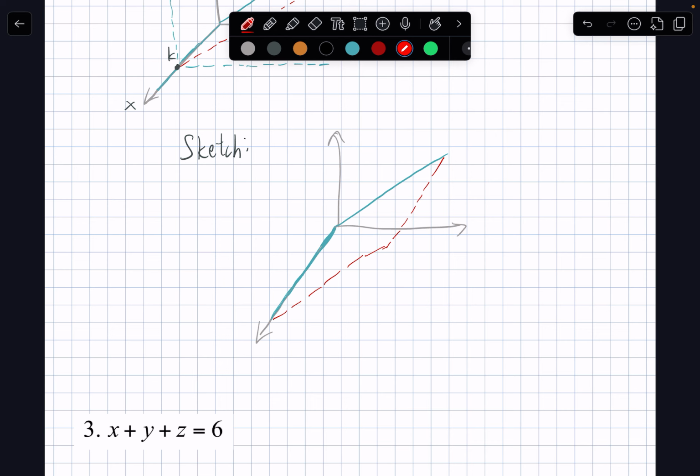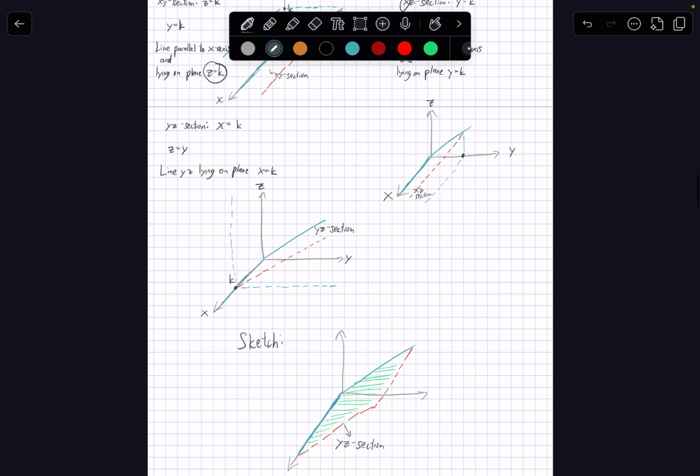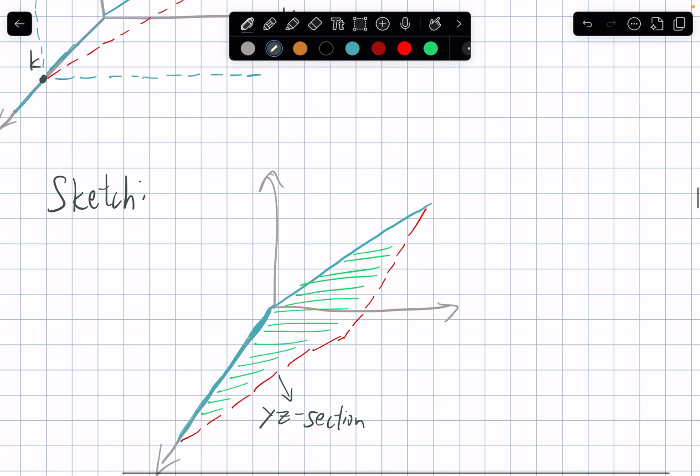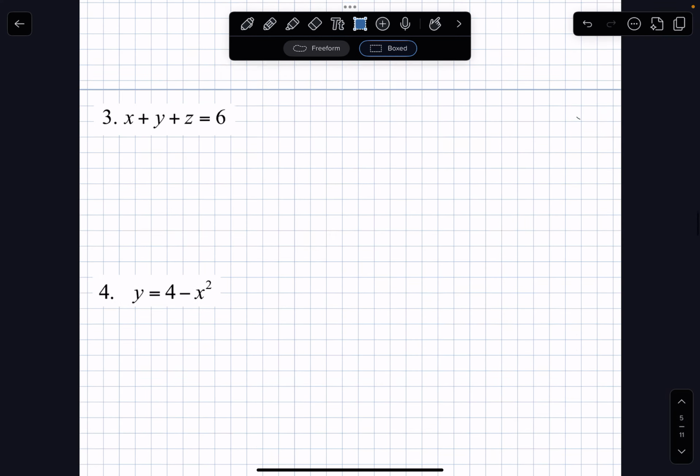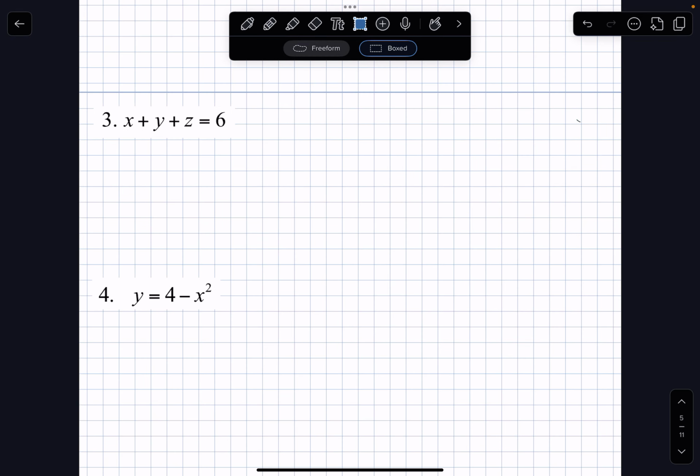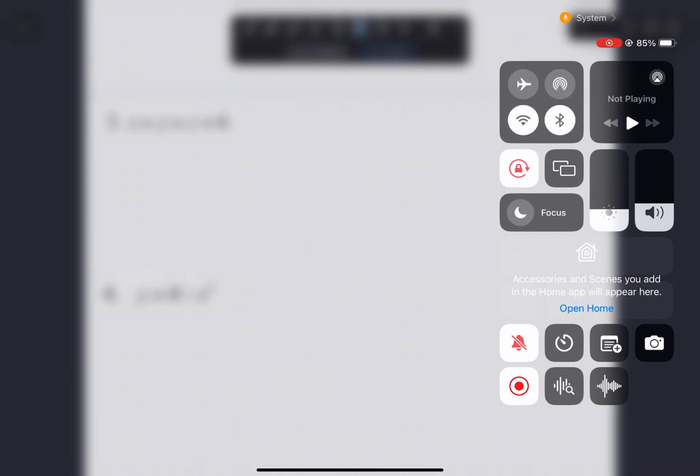So let's just say this is a crude sketch of what we're trying to show. And this is the area that we shade. Label. This is the YZ section. The other one is the XY section. Okay, that would be it.